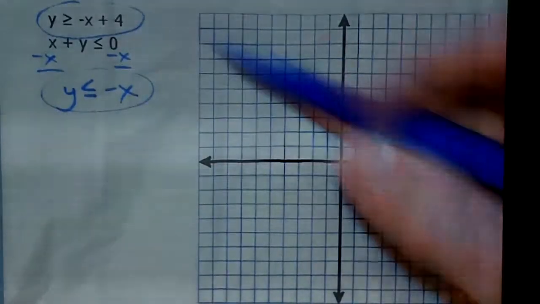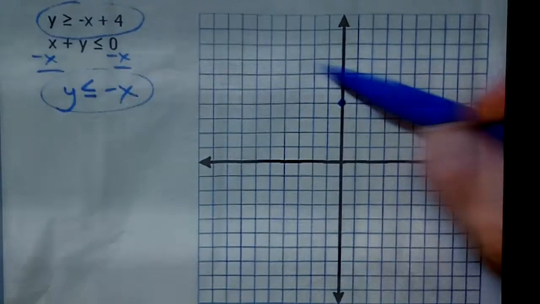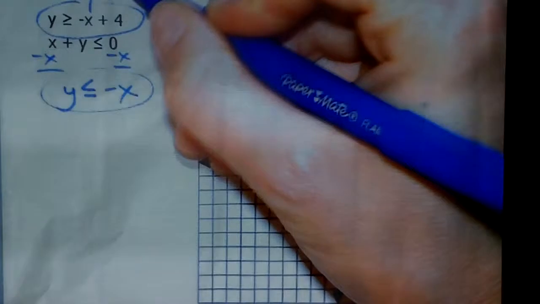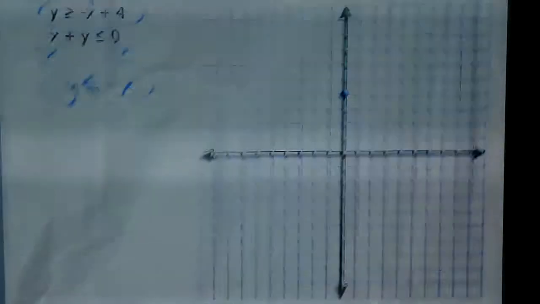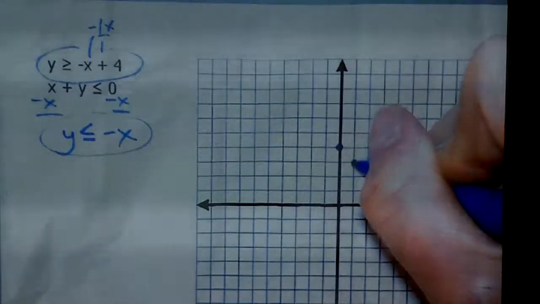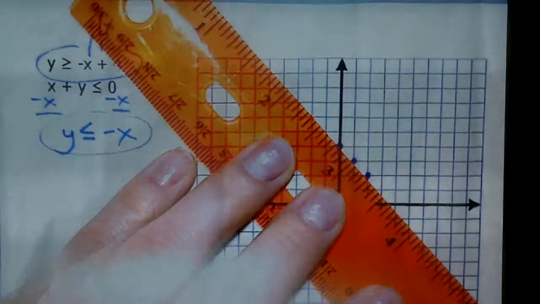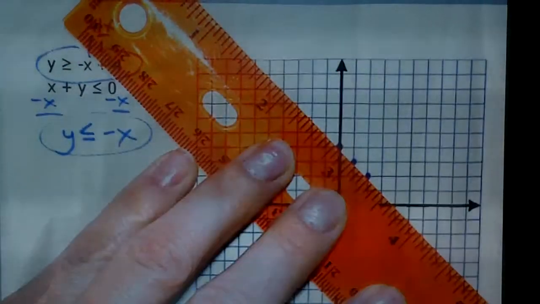All right, so if I have negative x plus 4, that means y-intercept is 4. Negative x again means negative 1x, which means my slope is negative 1 over 1. So you should go down 1, right 1, down 1, right 1. Since y is greater than or equal to, that means I need a nice solid line here.